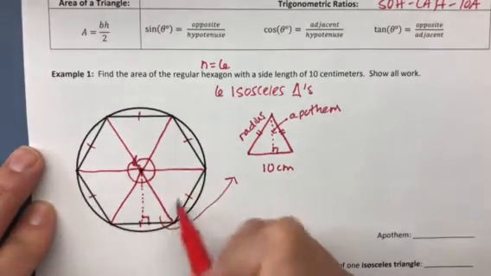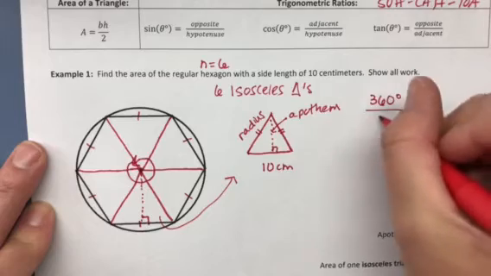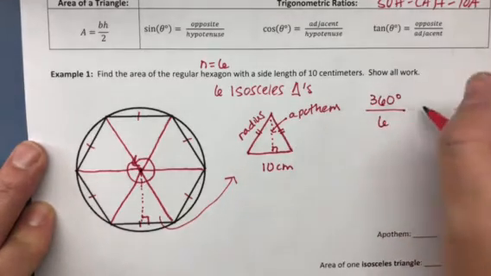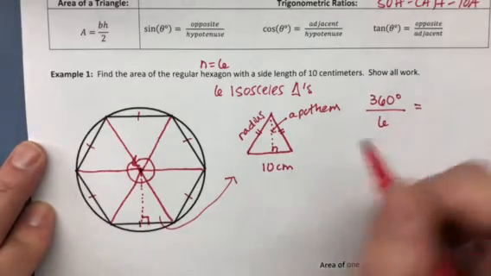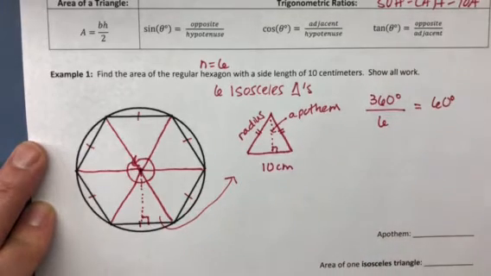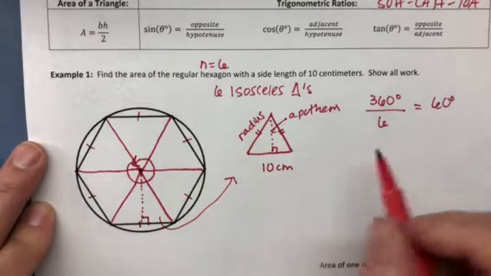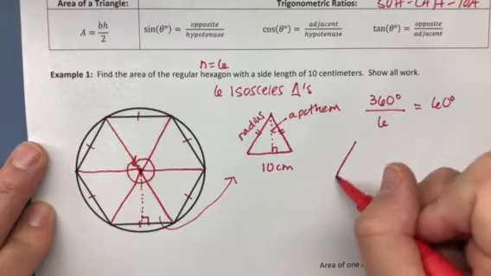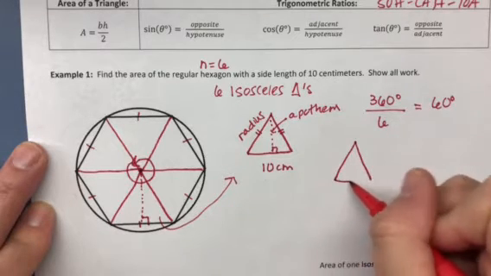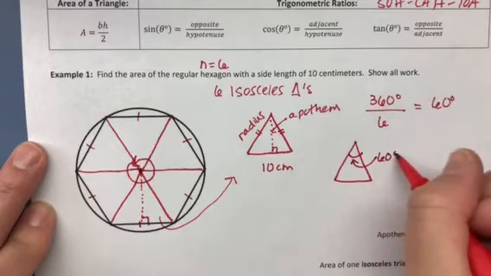We made 6 triangles, so I'm going to do 360 degrees divided by 6. And when we do that, that gives us 60 degrees. So what that means is that in each of these isosceles triangles we made, that top angle is 60 degrees.